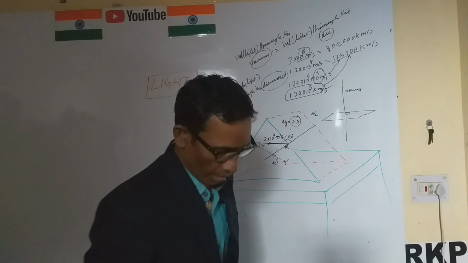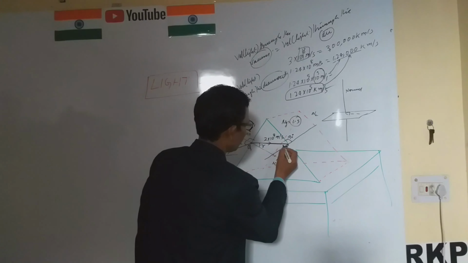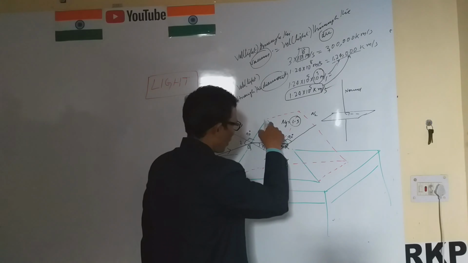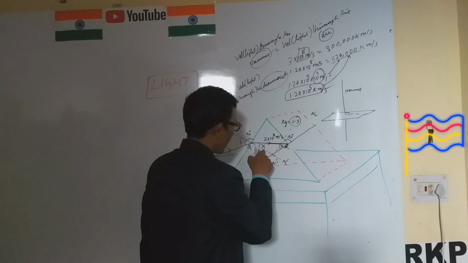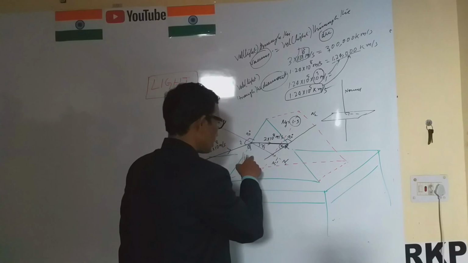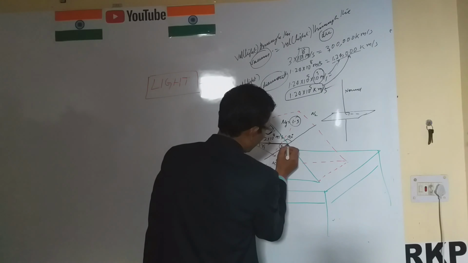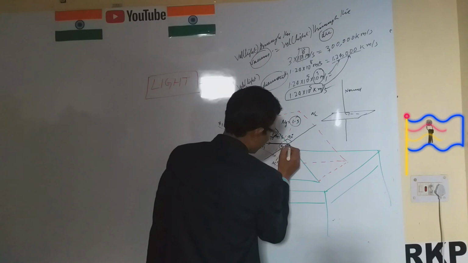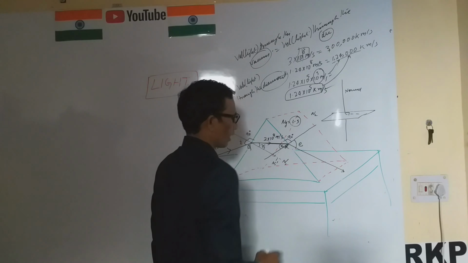In this case, the incident angle is less than the refracted angle. Here is r2 and here is r1. r2 is the angle at the second surface of the prism, and r1 is the angle of the refracted ray on the first surface. The ray emerges from the second surface of the prism like this, and this is called the emergent angle.